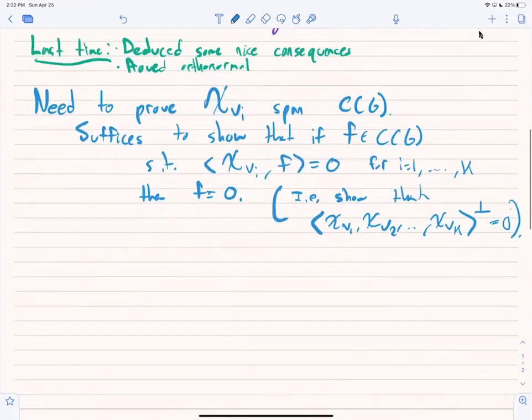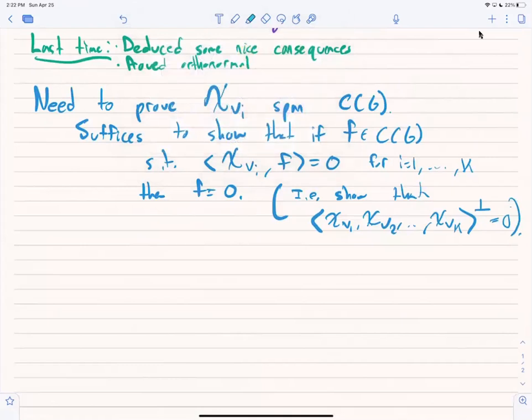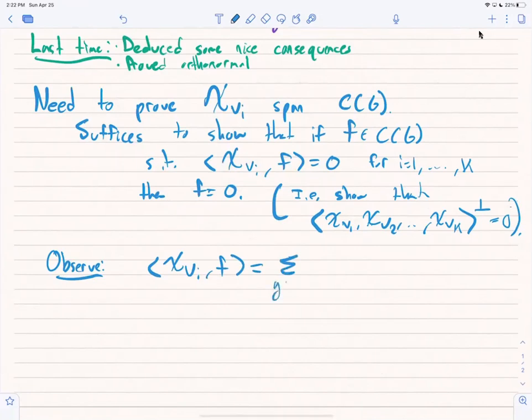So let's expand out this formula. Given f, we can expand out what we get here. The inner product of chi v_i with f is the sum over g in G of 1 over |G| times chi v_i of g times f of g bar.